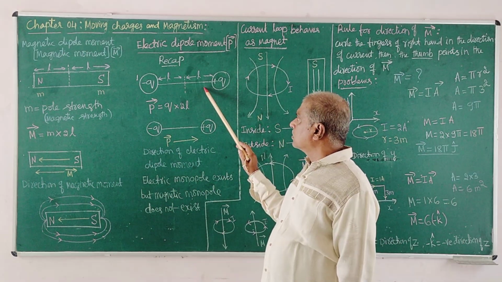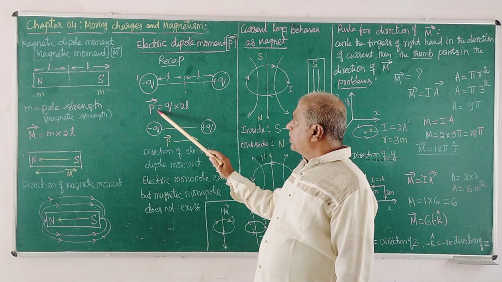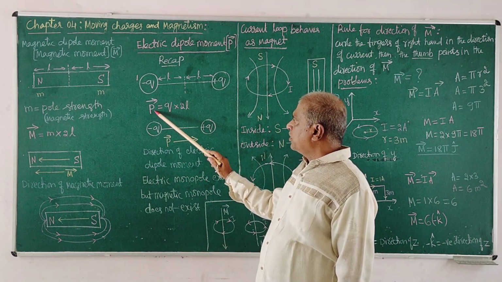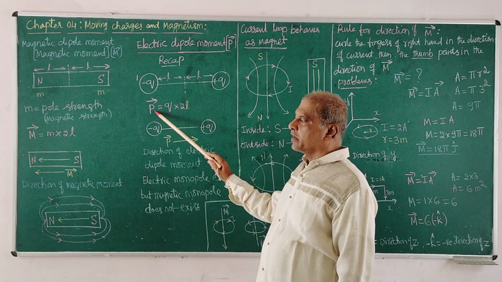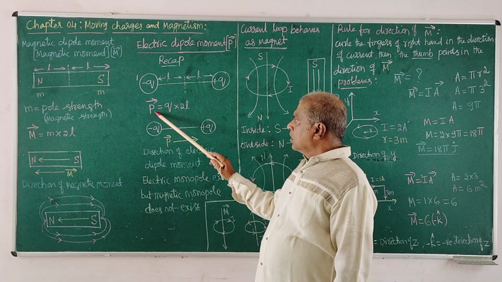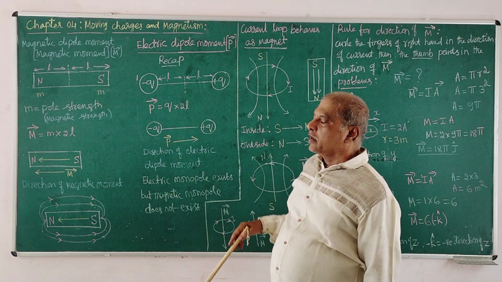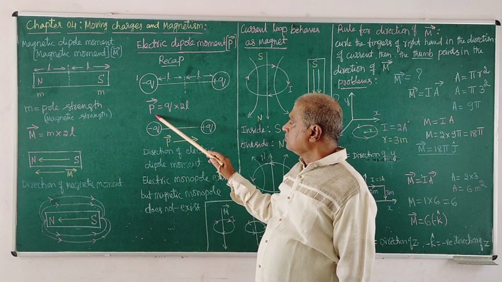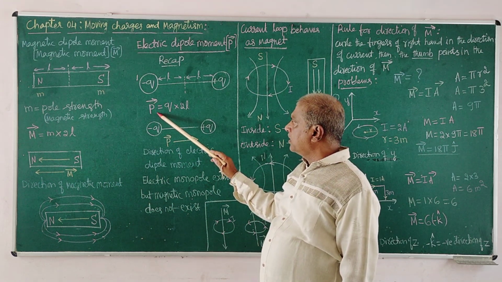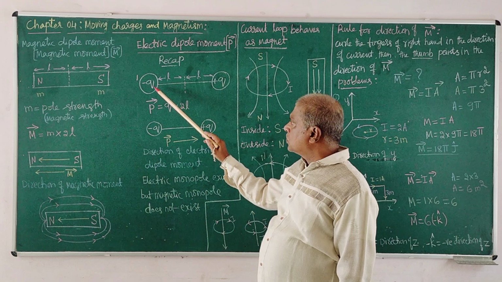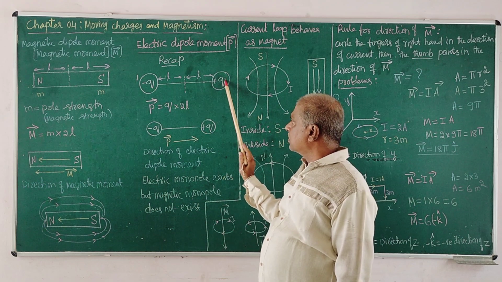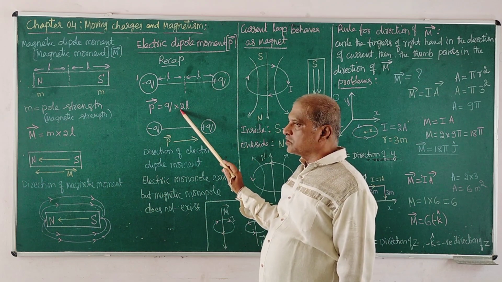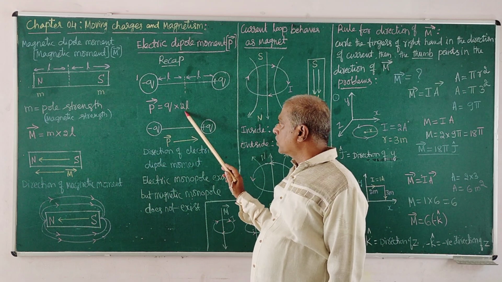This we already know: P means a vector quantity. It has both magnitude and direction. The magnitude of P is given by Q, both charges being the same, into the distance of separation 2L, that is Q into 2L.